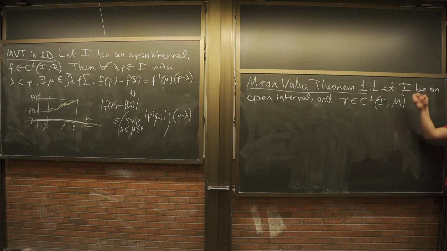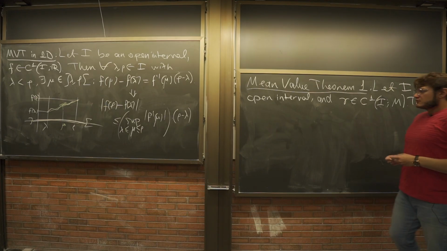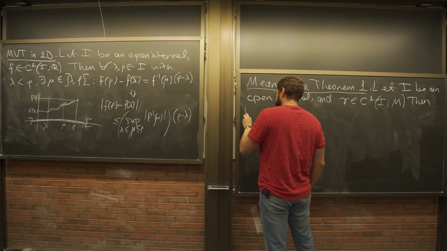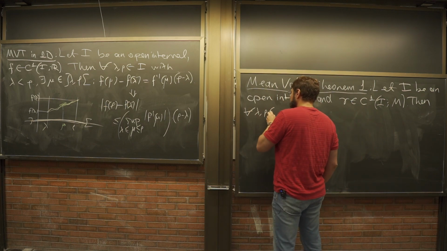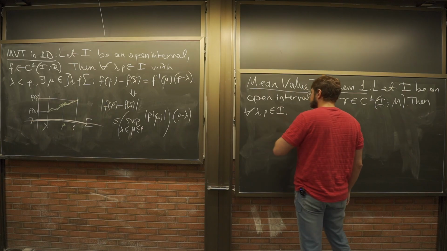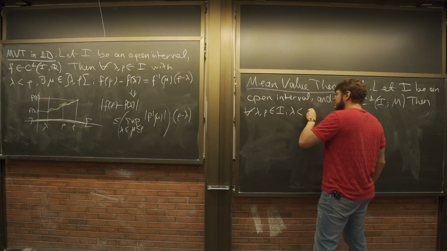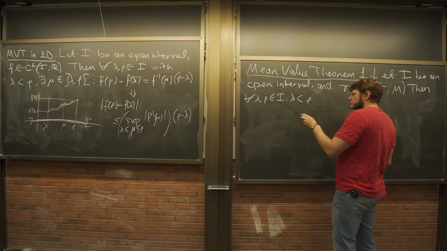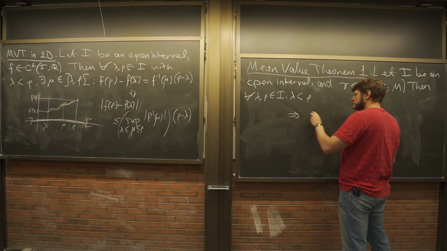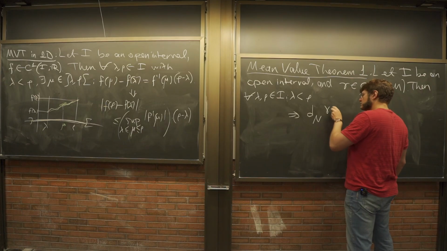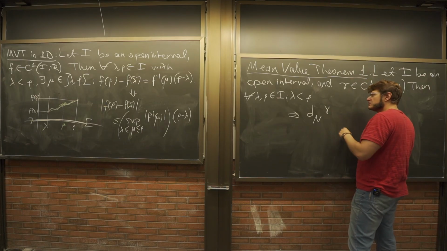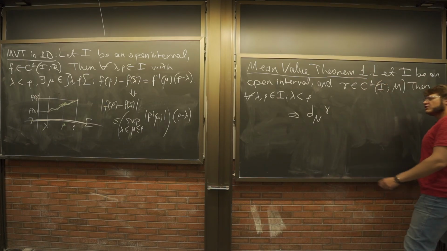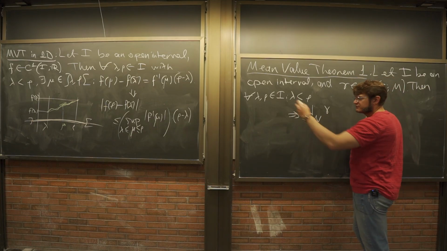For any lambda and rho in I, such that lambda is to the left of rho, we have that the distance between gamma of lambda and gamma of rho is bounded by something.